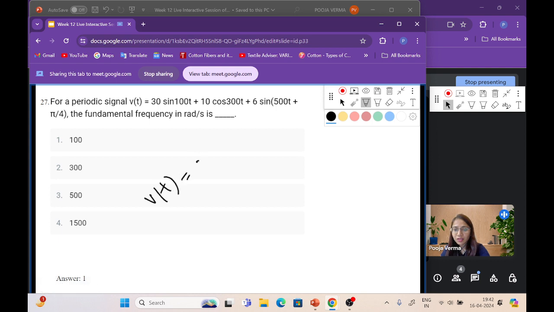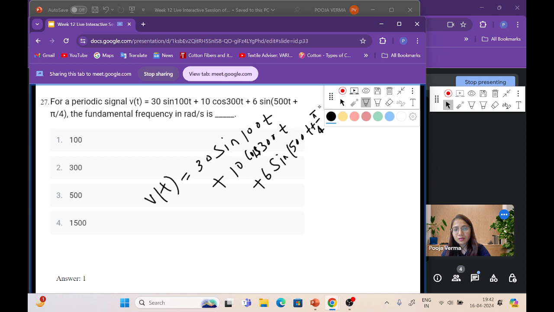So the signal is 30 sin 100t plus 10 cos 300t, this is the cos, plus 6 sin (500t plus pi by 4). Okay. Now we need to find out the fundamental frequency in radians per second.